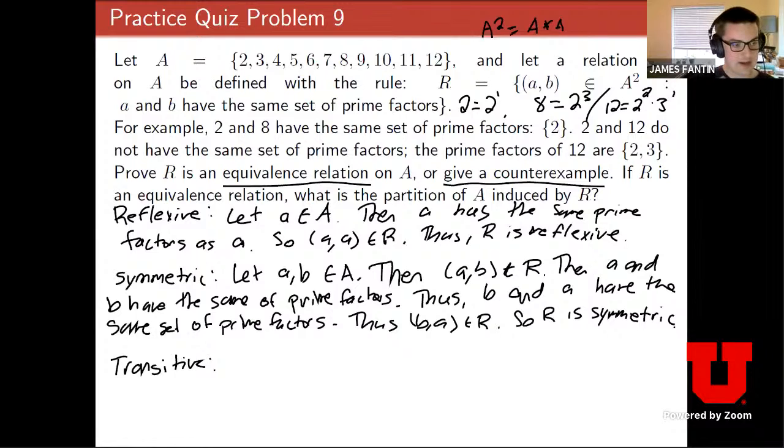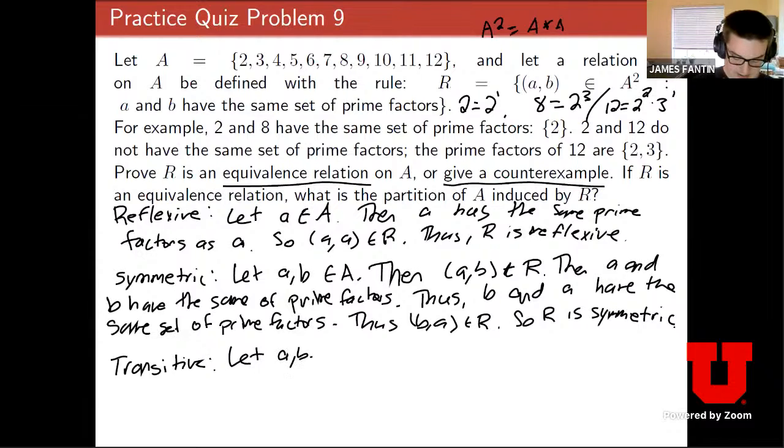So do we think if A is related to B and B is related to C, that A is related to C for this relation? So if A and B have the same set of prime factors, B and C have the same set of prime factors, do we think that A and C have the same set of prime factors? And yes, we have some people saying yes, and that is correct. It will have the same set of prime factors.